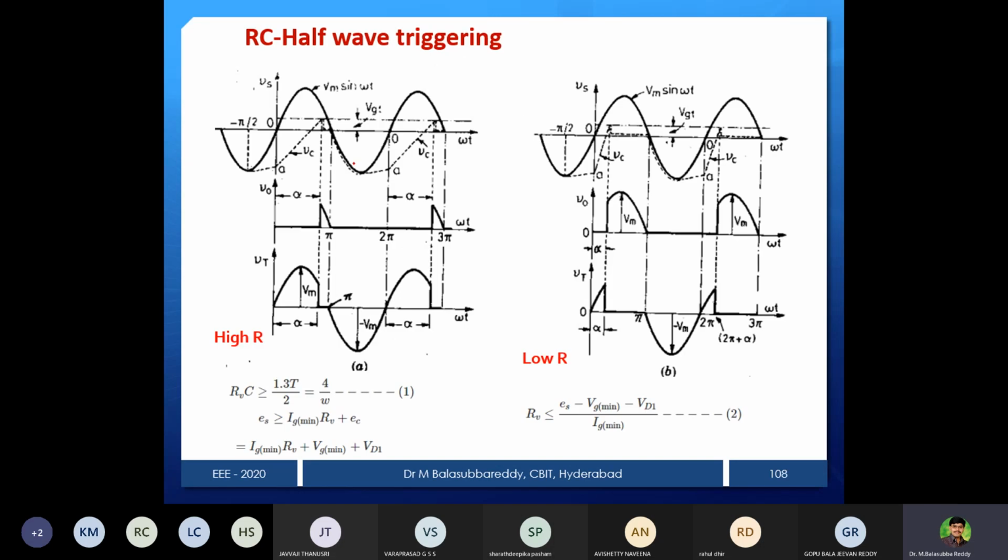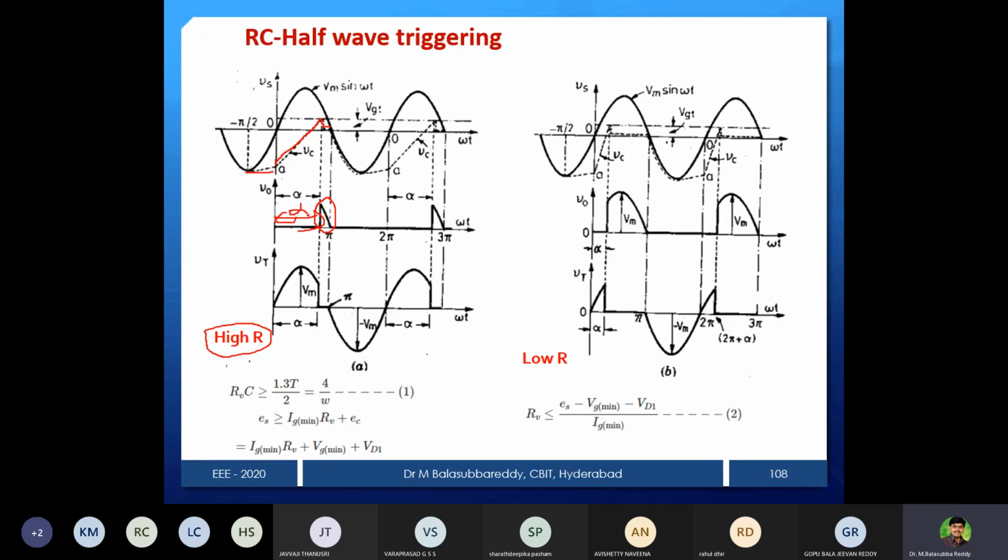So now this is RC half wave. You can see that whatever I explained so far is the variation of R. If I keep the R value very high, then what will happen? From minus V maximum, reaching VGT takes much time, and it will hold a very small magnitude. It will remain there once the device is conducting, and only then is this your output voltage, and this is your alpha.